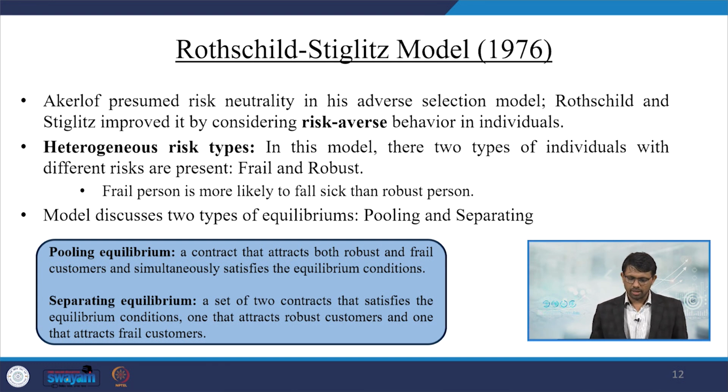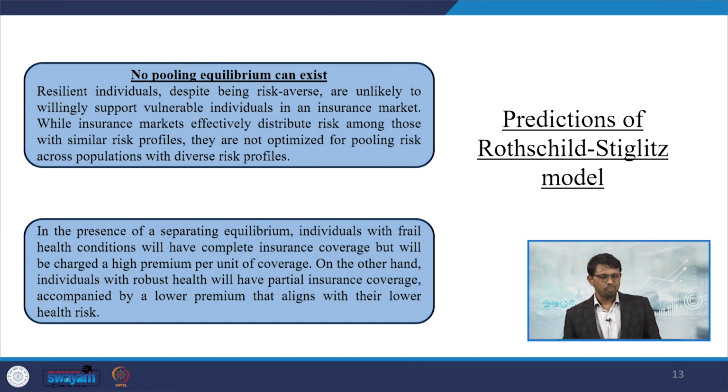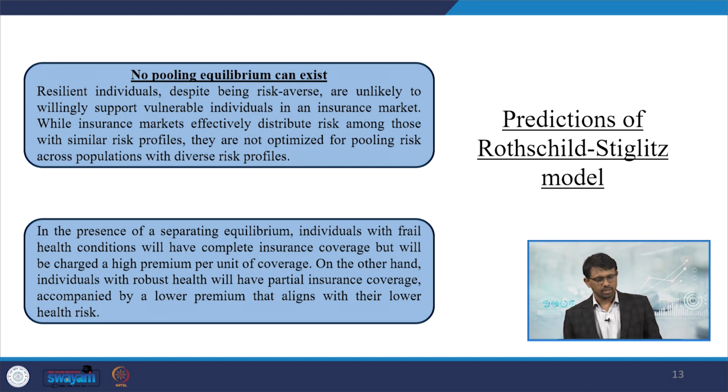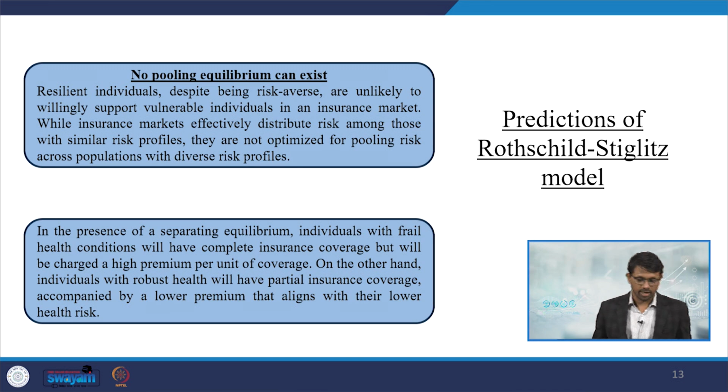The prediction by Rothschild and Stiglitz is that there will be no pooling equilibrium, or that no equilibrium can exist. Why is it? Because the resilient individuals, despite being risk averse, are unlikely to be willing to support vulnerable individuals in an insurance market. While insurance markets effectively distribute risk among those with similar risk profiles, they are not optimized for pooling risk across populations with diverse risk profiles.